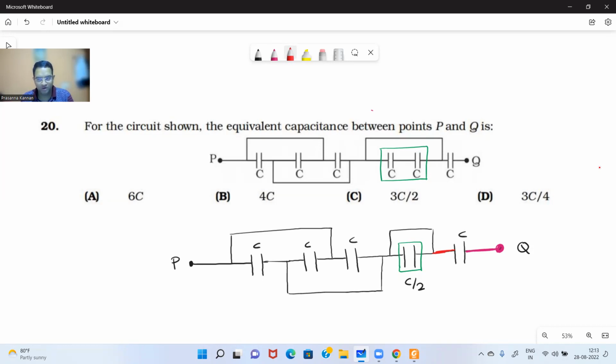Is it Q or a different point? Different point, so let me call it R. The same wire is connected here. Can you tell me what this point is? R itself, because there is a wire connecting them.